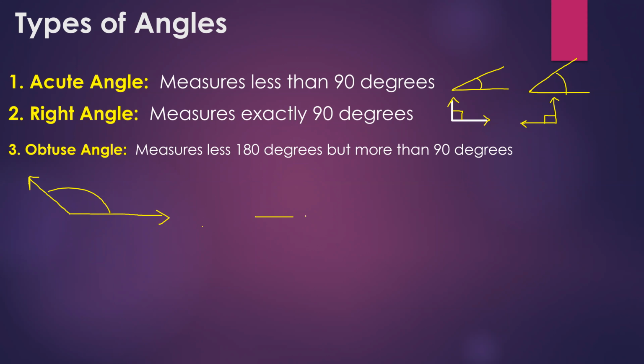Another way an obtuse angle could look is something like this as well. This is another acute angle. It's not acute, obtuse. And then we have another one here as well. It could look like this.